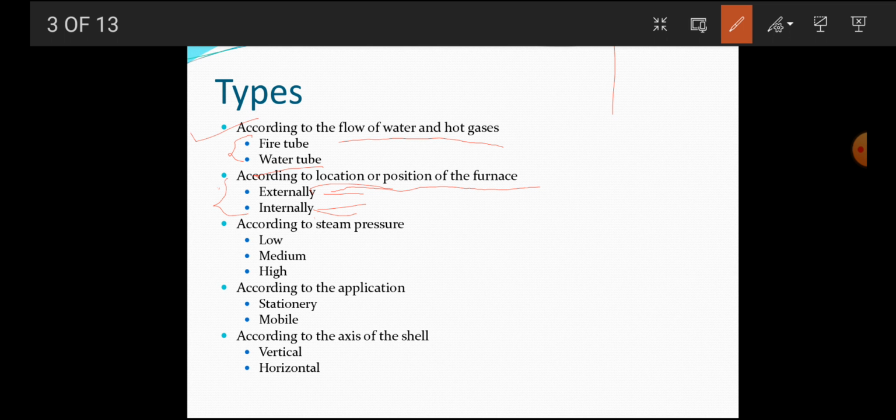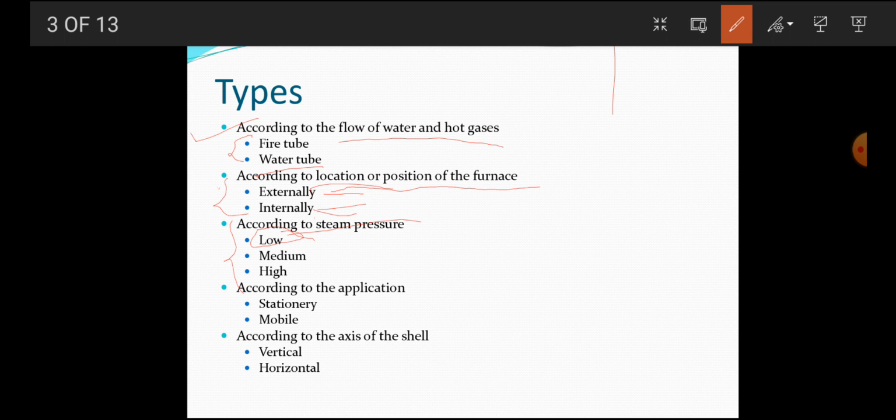Then next is according to the steam pressure. If the pressure is low, then it is called a low pressure boiler, and if the pressure is very high, a high pressure boiler. According to 22.5 bar pressure, above that it is high, and below that it is medium and low.